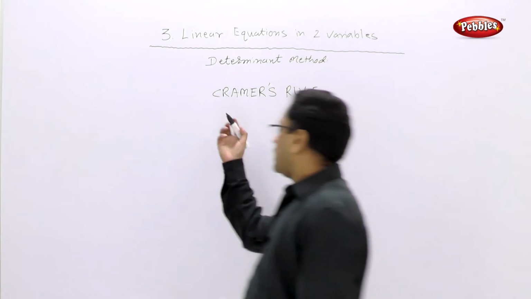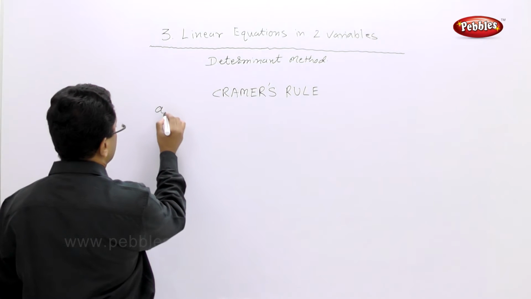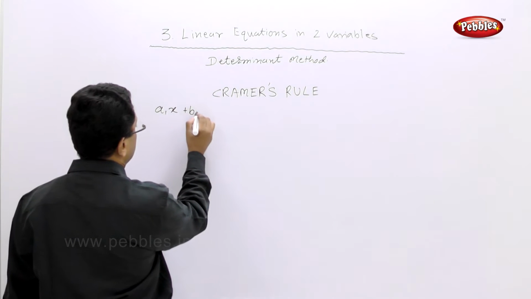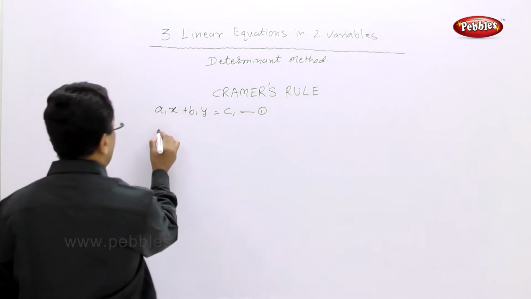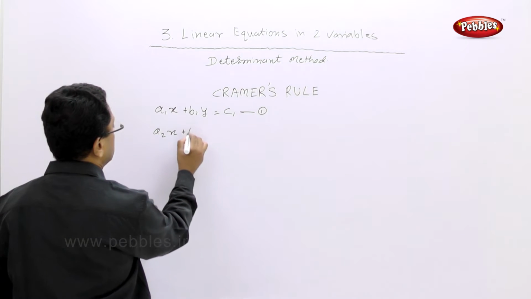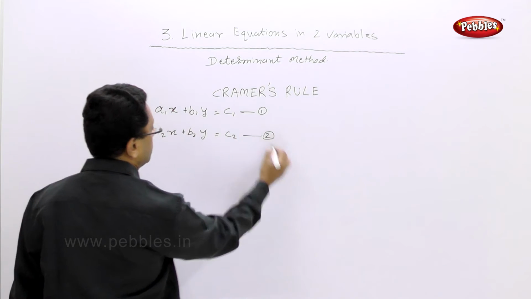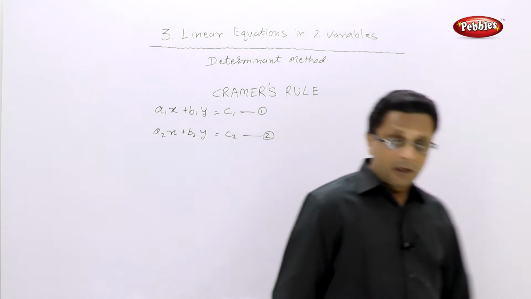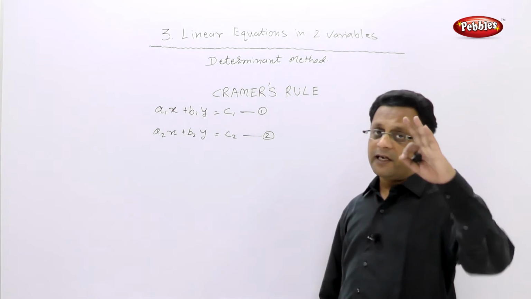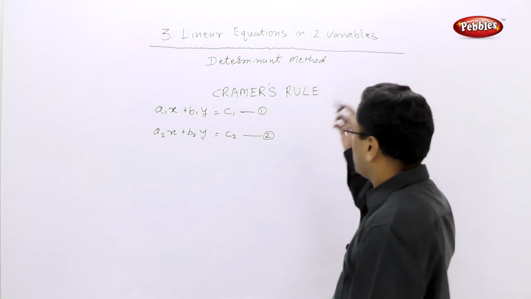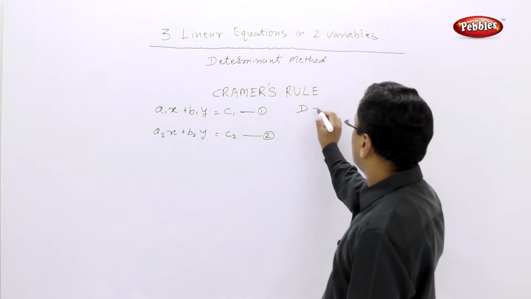Let us see, if two linear equations are given, that is a1x plus b1y is equal to c1, this is the first equation, and a2x plus b2y equal to c2 is the second equation. Then Cramer's rule says that we have to find three determinants. The first determinant we will find out is D.